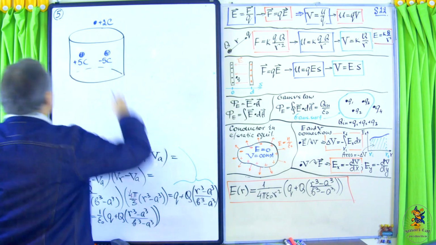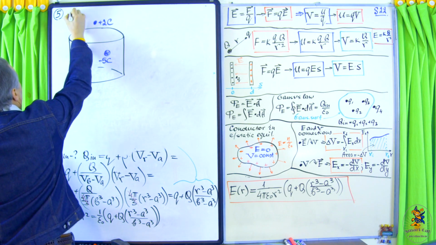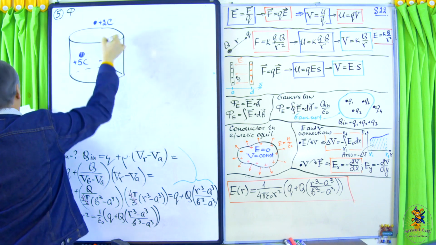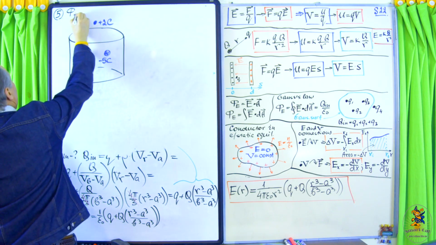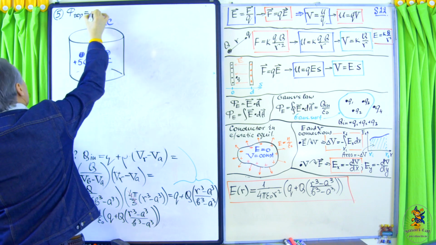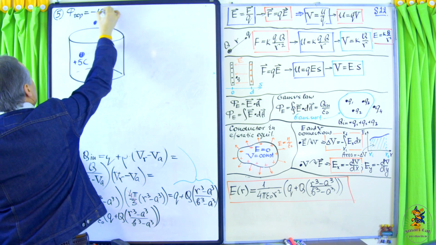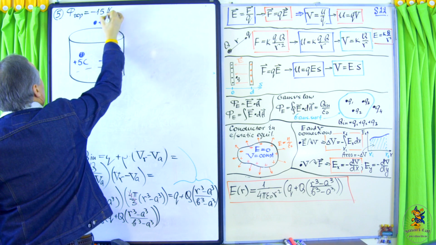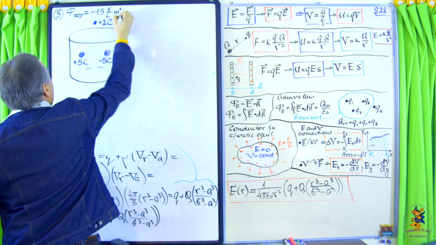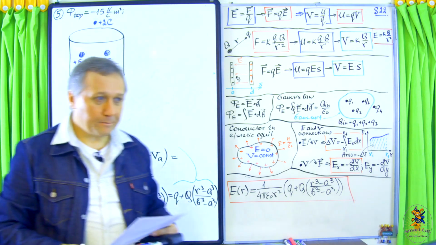So let's say the electric flux through the top equals minus 15 newtons per coulomb times meters squared.